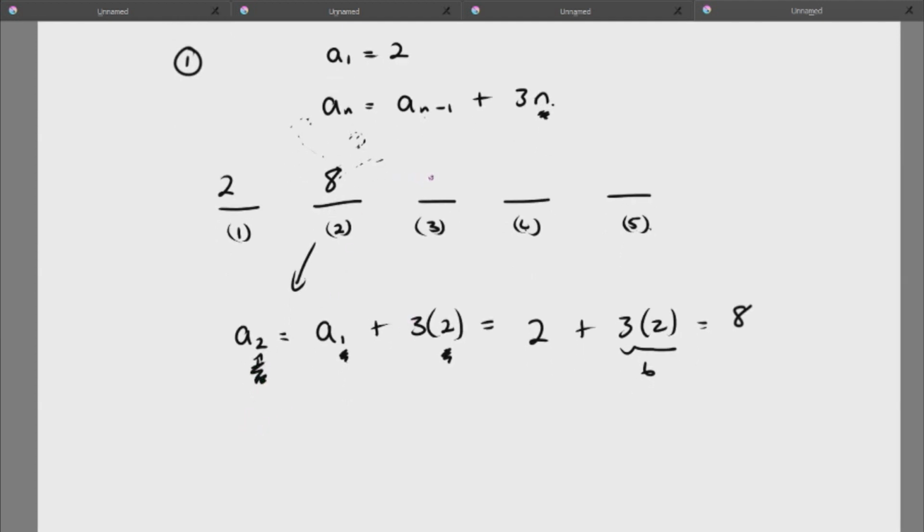Now if I'm standing over here, I'm in position 3, looking to find A3. So yes, all the terms are named A. It's the subscript that tells me which A, where. It says, look at A2 and add 3 times the position I'm in, which is 3.